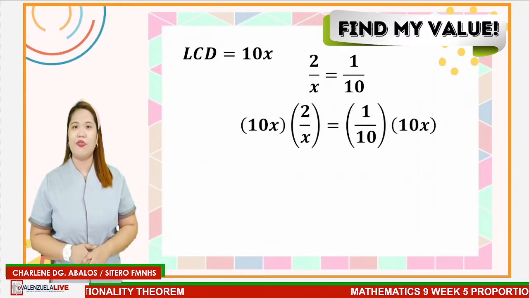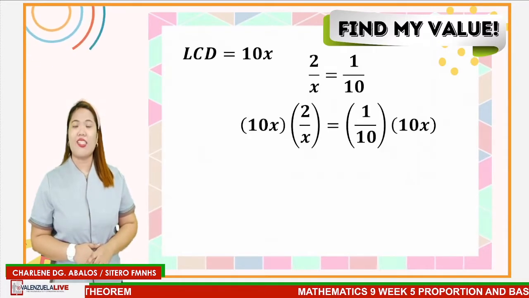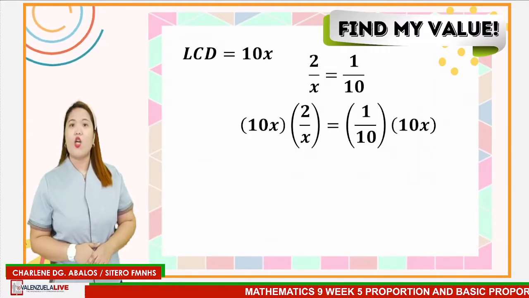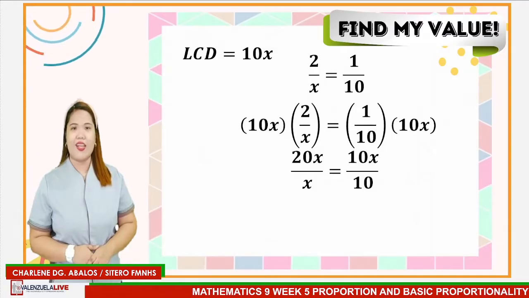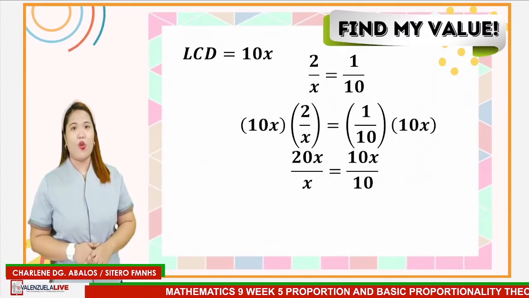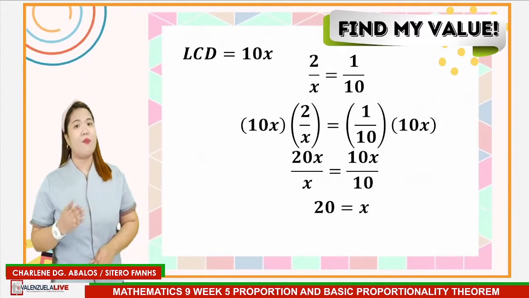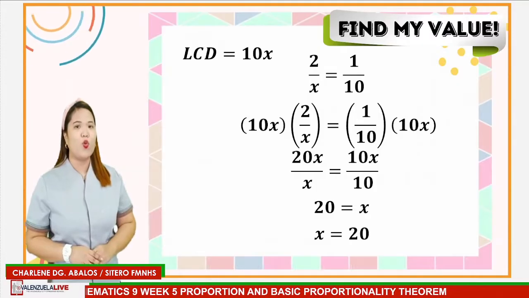Then we will have 10x times 2 over x is equal to 1 over 10 times 10x. Then it will be 20x over x is equal to 10x over 10. So we will have 20 equals x. And by symmetric property, it will be x is equal to 20.